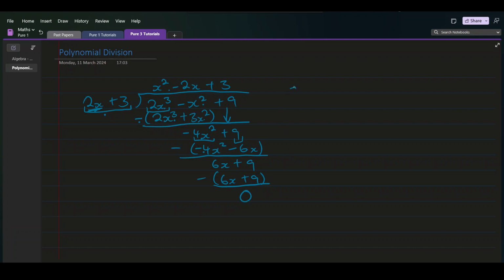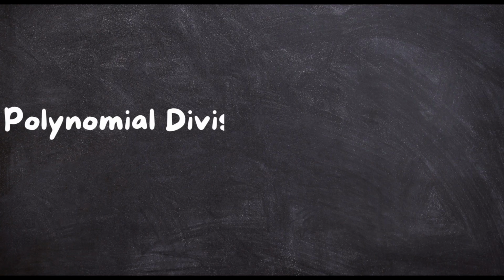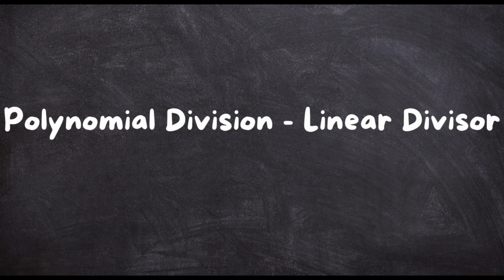So here you can conclude that your quotient, that's the answer on top, is x squared minus 2x plus 3. In this case, our remainder is 0. Now let's look at an example with a quadratic divisor.